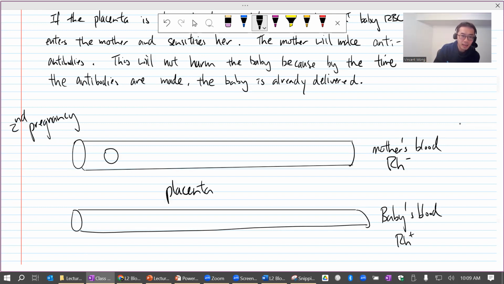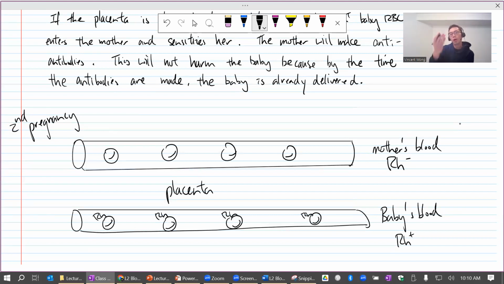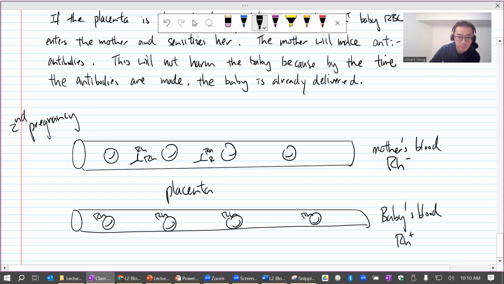Well, we have the mother's blood, and we have the baby's blood. What else should I add to the picture? What is different this time compared to the previous pregnancy? Anti-Rh antibodies. That's right. There are anti-Rh antibodies in the mother's system. That was not there the first time, but they are here now.